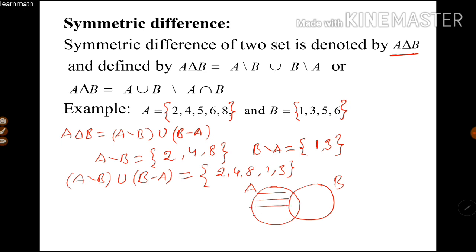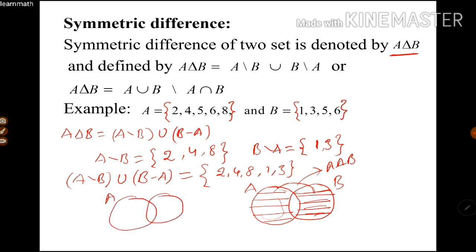This space indicates the symmetric difference of the two sets, because this indicates A minus B, this is B minus A. You club these two, that indicates A delta B. This is A minus B, 2, 4, 8. This is B minus A, 1, 3. So this is the symmetric difference of two sets. Thank you everyone.